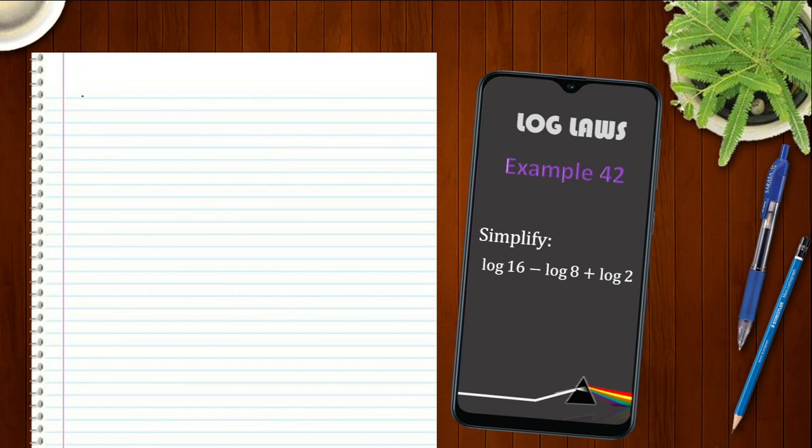We have log 16 minus log 8. So I'm going to start by simplifying the first 2. Log 16 minus log 8 becomes log of 16 over 8 if I combine those two, plus log 2, which is then log 2 plus log 2.